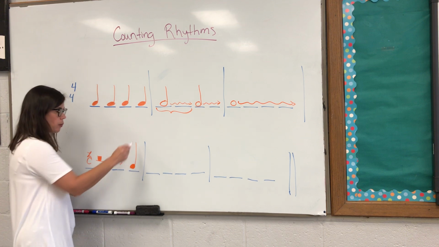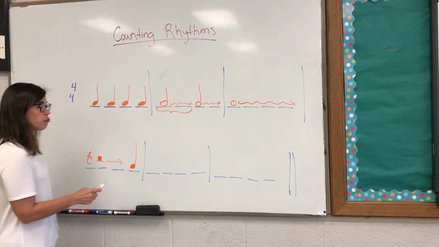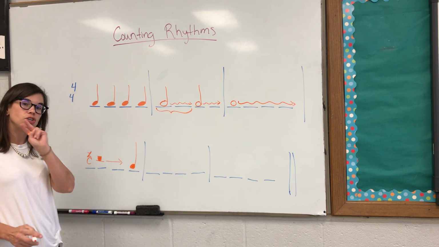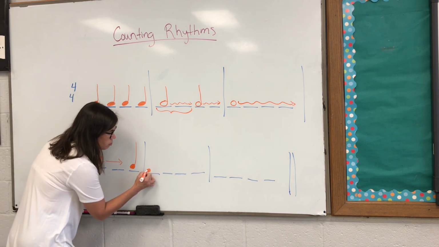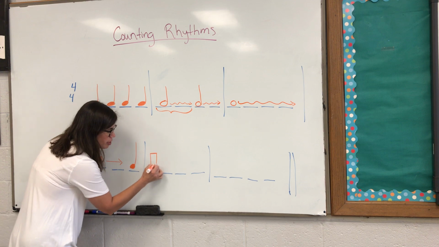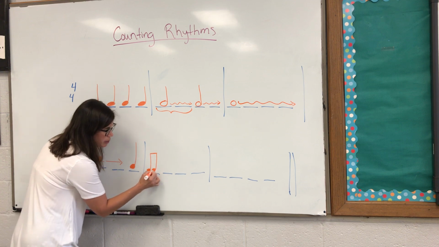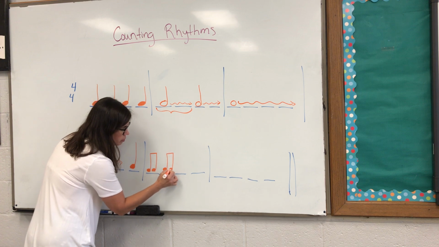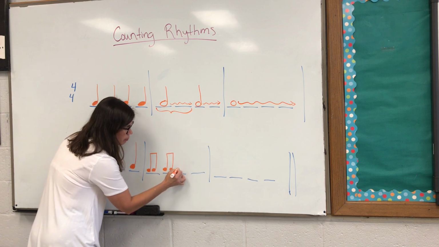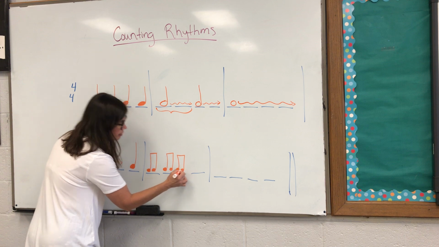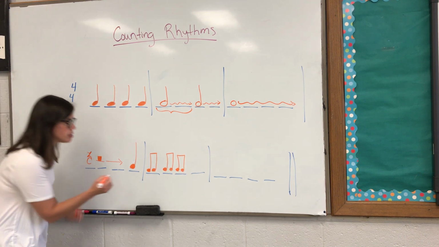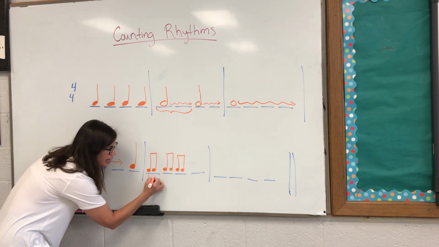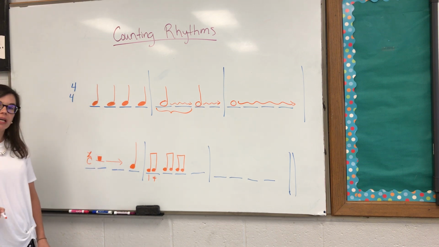Now, when we have something like eighth notes, remember that it takes 2 to fill up a beat. And if you have 2, they're beamed together. So I can put 2 on a beat. But what happens then is you have to put an and, we say an and, on the second note in each pair.